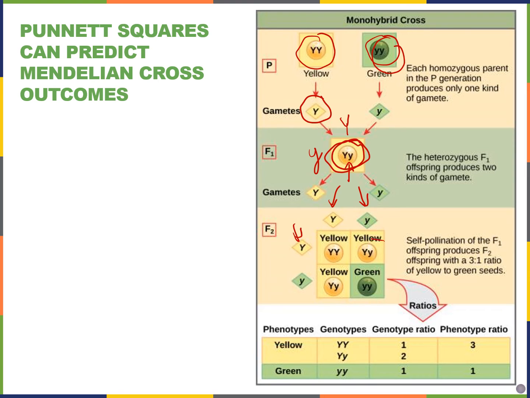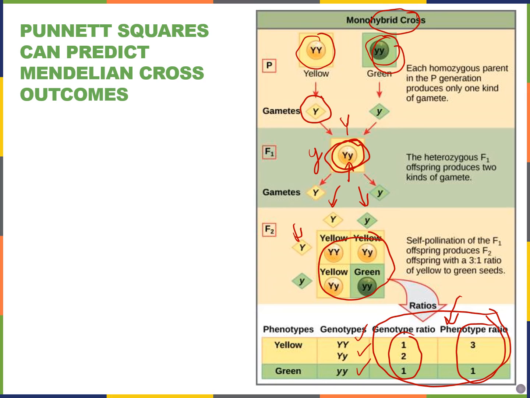And when I look at my F2 generation, I again see that 1 to 2 to 1 genotypic ratio: 1 big Y big Y, 2 big Y small y's, and 1 small y small y, and a 3 to 1 phenotypic ratio. Again, these are the ratios that I asked you to memorize for a monohybrid cross. If you ever see the ratios without knowing what the F1 generation is, you can predict based on this.